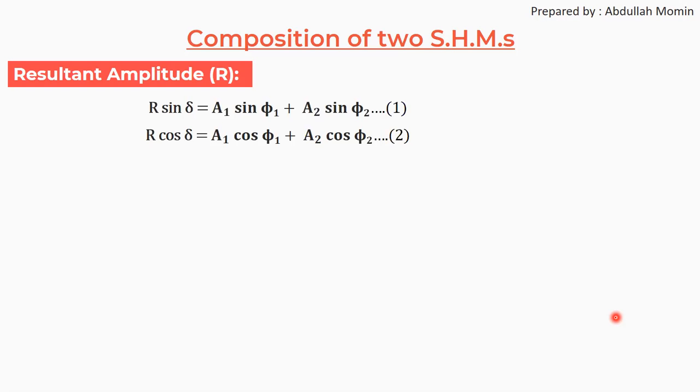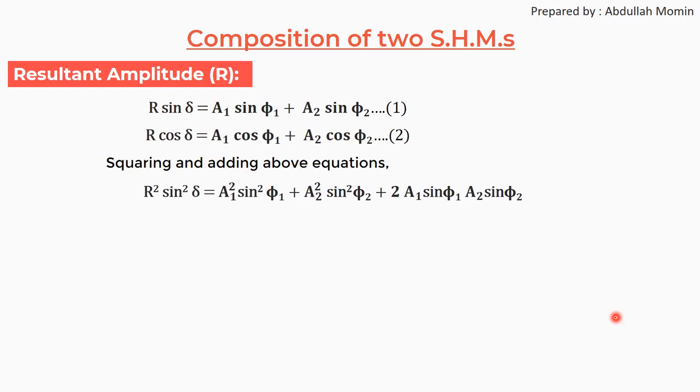These equations we have taken from the previous slide, and now squaring and adding the above equations. So by squaring, when we square the first equation, it can be written as r square sin square delta is equal to a1 square sin square phi 1 plus a2 square sin square phi 2 plus 2 a1 sin phi 1 into a2 sin phi 2.